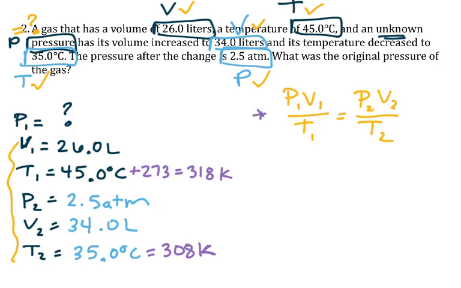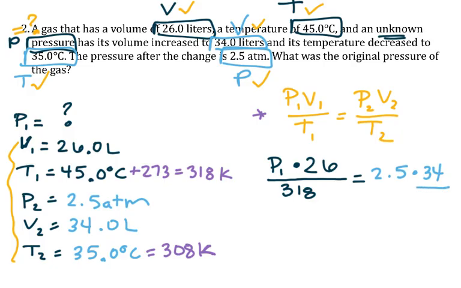All right, so plugging those into my formula, P1 is what I'm looking for, times 26 over T1, 318, make sure you grab your Kelvin number, equals P2, 2.5 times V2, 34, all over 308.